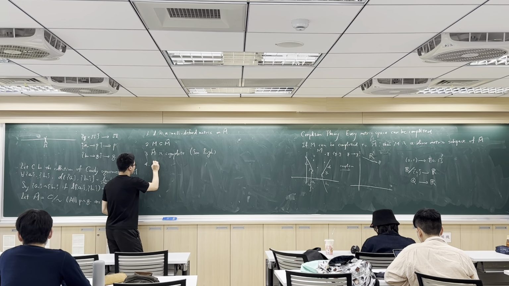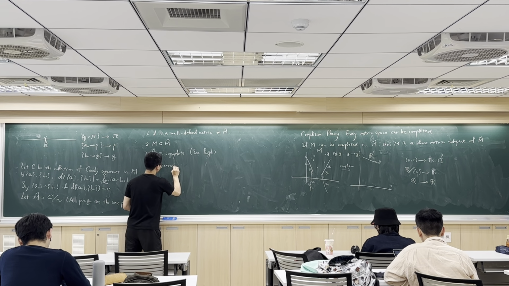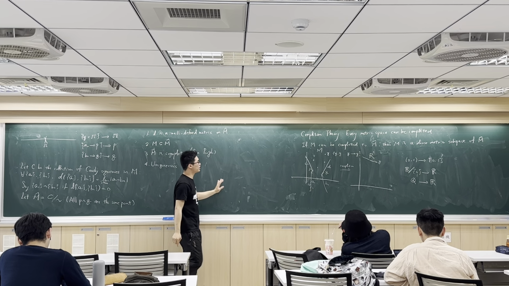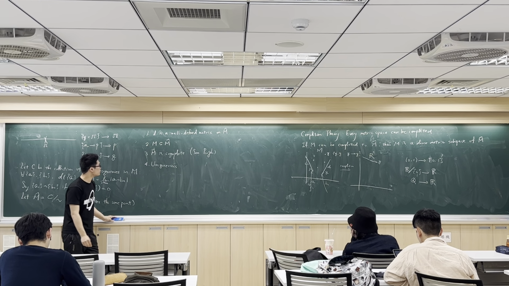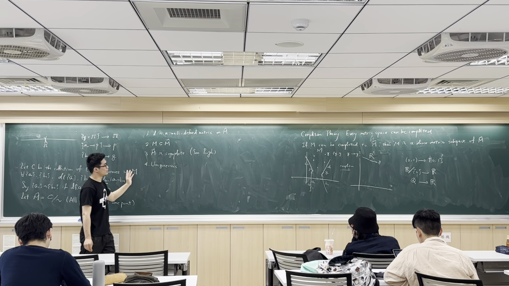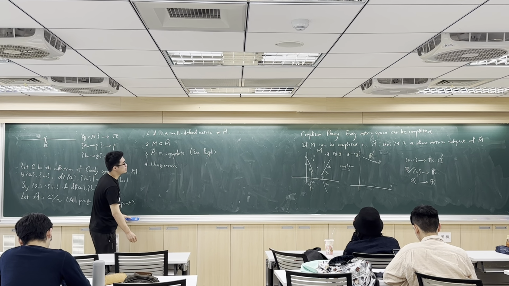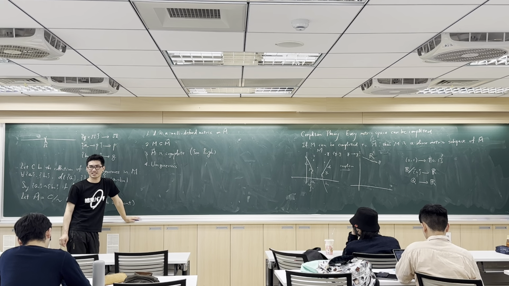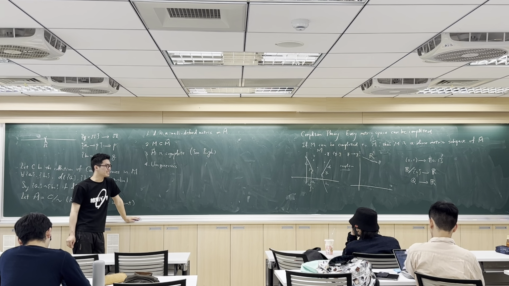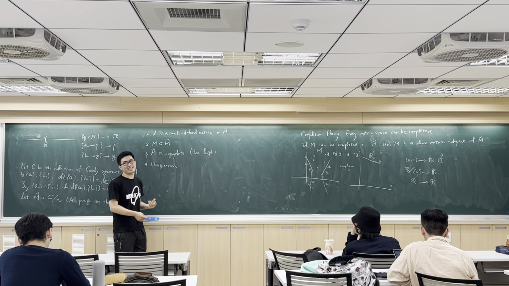That's why such completion is unique. There's only one M hat such that it is the completion of M. That is the whole structure of completion theory. Uniqueness here is somewhat subtle, up to some kind of metric space isomorphism. Yes, this is an isometry embedding.